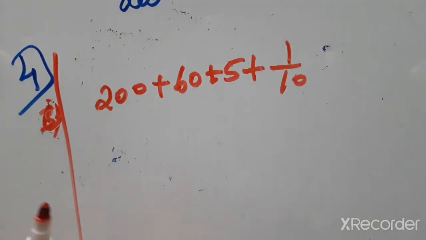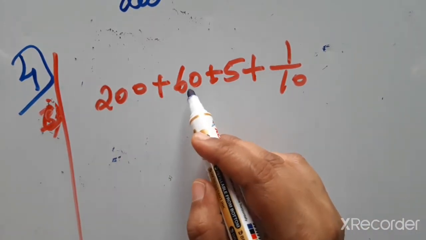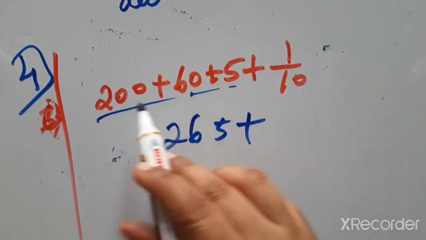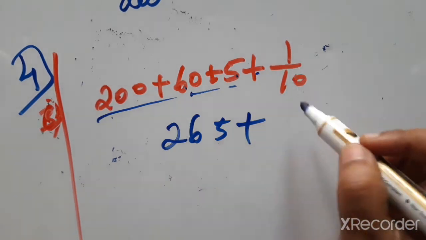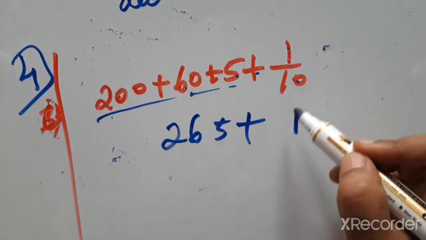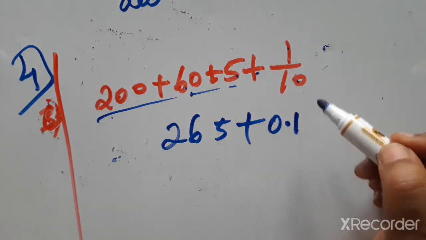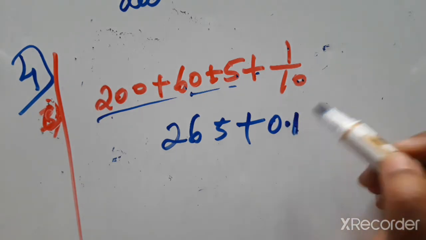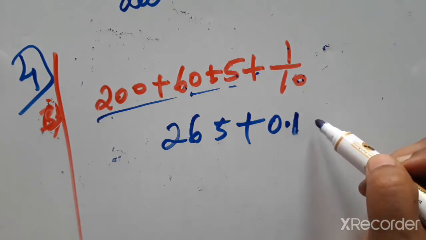Next question, 200 plus 60 plus 5 plus 1 by 10. 200 plus 60 is 260. 260 plus 5 is 265. 1 by 10 means how to divide it? Numerator first we have to write. 10 means after decimal point there should be only one number, so 0.1. 2 zeros means after decimal point there should be two numbers.